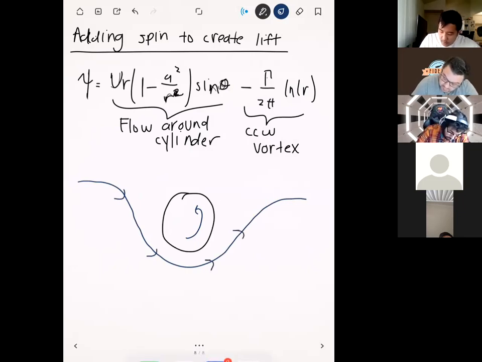Because we're adding this rotation, on the bottom side of the cylinder we're going to have flow that speeds up. The rotation is counterclockwise, so on the bottom of the cylinder the vortex adds to the potential flow, and we have faster flow down here.